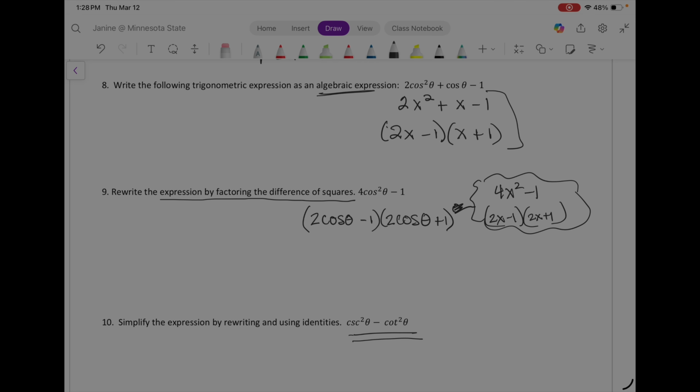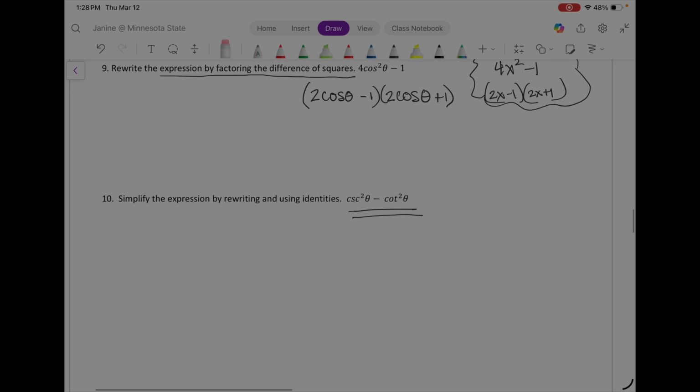So it looks like quadratic in nature, so we can manipulate it by doing the same things we would do as if it was like a quadratic polynomial.